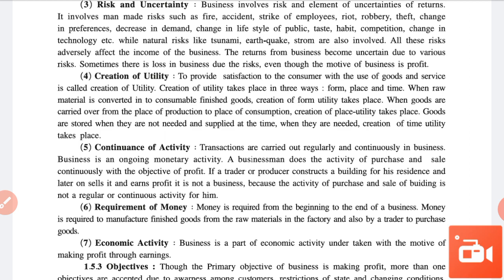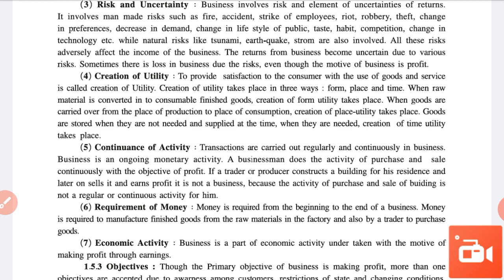So the form is changed, that's why it is called creation of form. Then when goods are carried from the place of production to the place of consumption, when the place is changed, it is called place utility. And if goods are stored when they are not needed and supplied at the time when they are needed, then it is called creation of time.